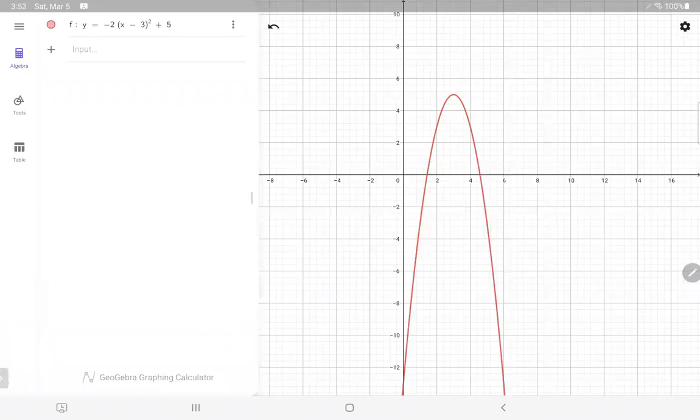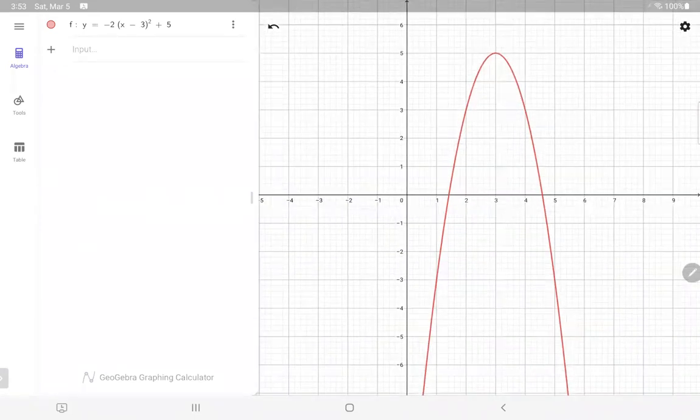The vertex did not change. The vertex is still (3, 5), as we already investigated.